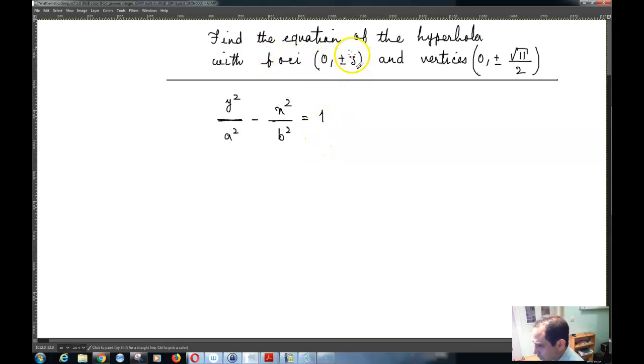Now, since the foci are at these points, then of course you know that your c is equal to 3, because the foci are at a distance c away from the center, and since the vertices have these coordinates, you know that your a is equal to square root of 11 by 2, because the vertices are a units away from the center.